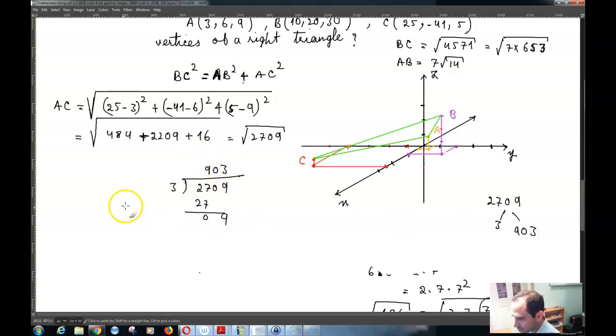Again, this is divisible by 3, so 903 divided by 3 is equal to 301. And 3 times 301, and I think this is a prime number. 301 is not a prime number. Oh, it's divisible by 7. By 7. Okay.